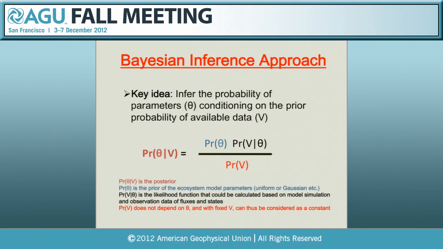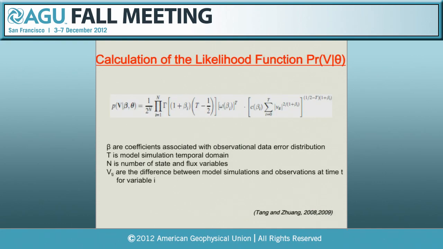Therefore, the Bayesian inference approach has been widely used. The key idea is to use existing information to give you the most likely values for your parameters. It turns out you just need to calculate, for example, a likelihood function in order to get the posterior probability.